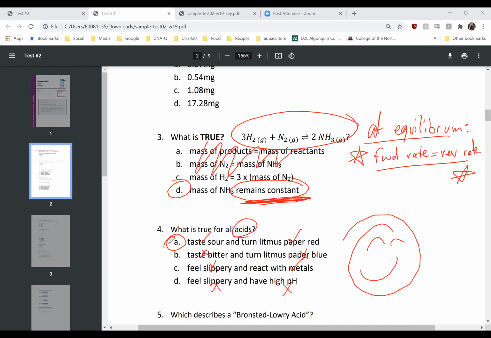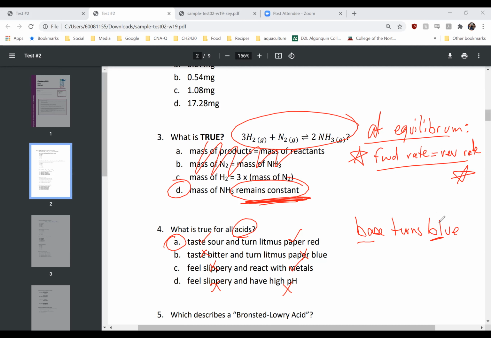I want to give you a little reminder, because this is something I never forget, since I've made up a little rule to remember it: B for base turns blue, BB. Any litmus paper, red or blue, that you put into a base will go blue. If you put blue paper in base, it will stay blue.